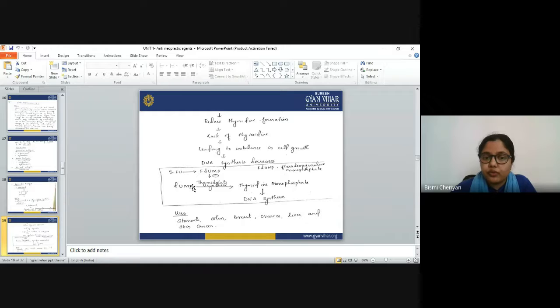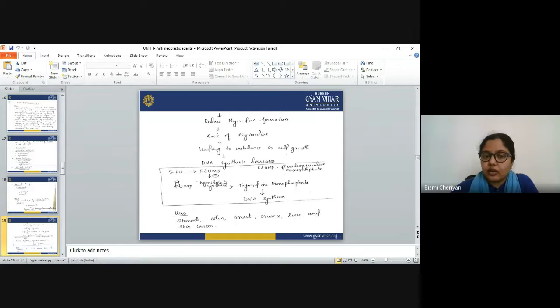This deoxyuridine monophosphate is the normal metabolite present inside our body. I am telling the normal function of this deoxyuridine monophosphate first, and after that I will explain how 5-fluorouracil acts on it.